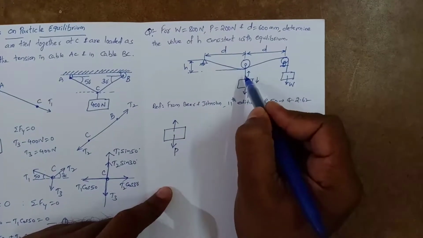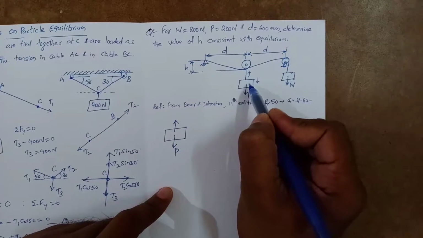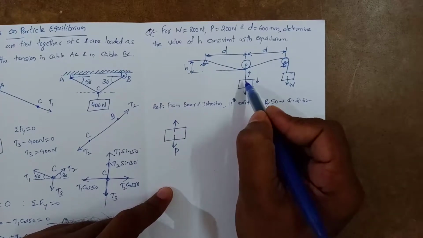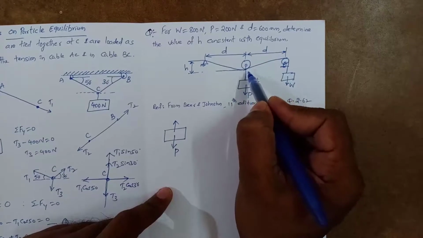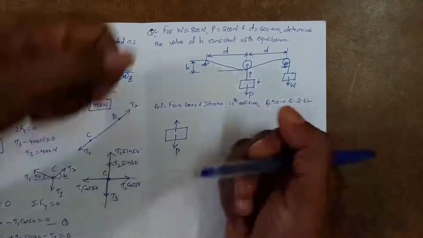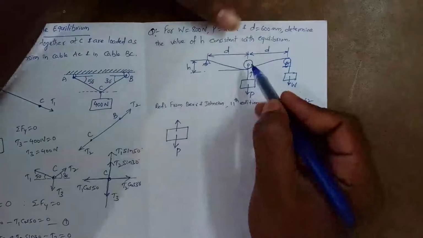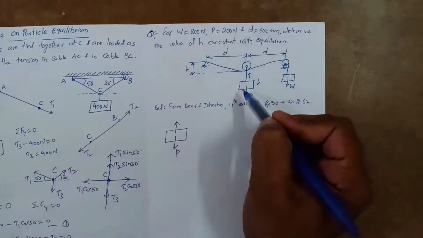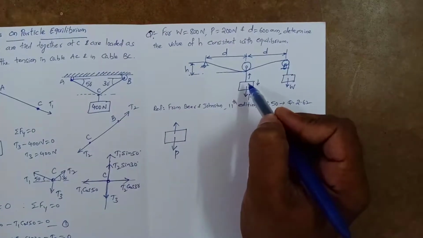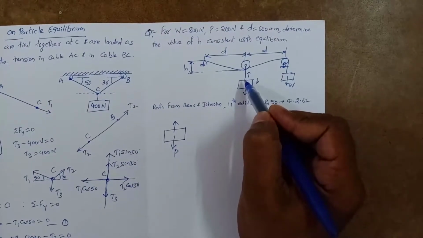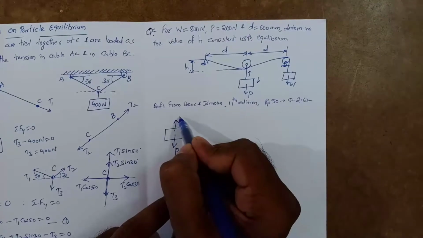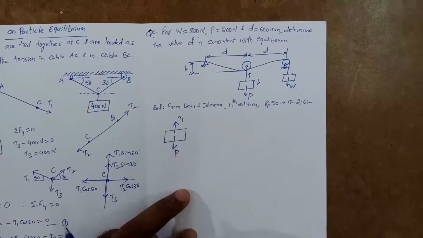For this cable to be in tension, the body will pull the cable in the downward direction, and at the same time this pulley will pull this cable in the upward direction, thereby the cable will be in tension. So for that to happen, the force exerted by the cable on the body should be in the upward direction, and let us assume this as T1.